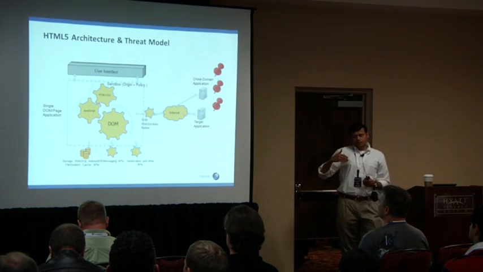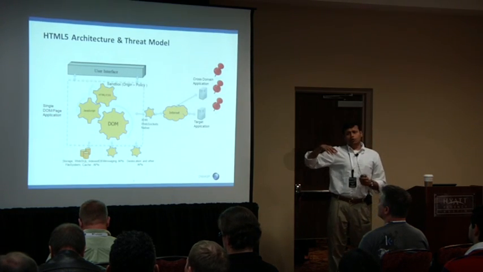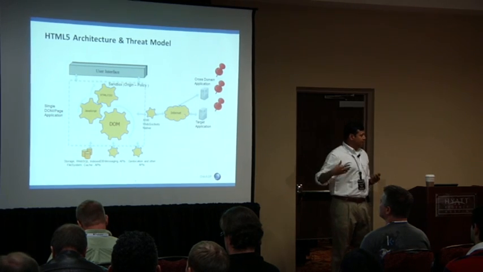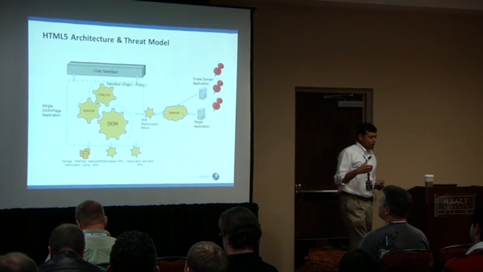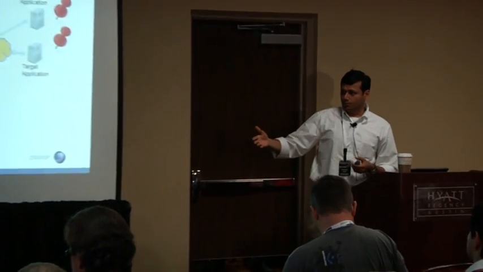Now, when it comes to these applications and we want to assess and audit them, we need a different approach because now everything is happening through JavaScript. So we want to control what JavaScript is doing.